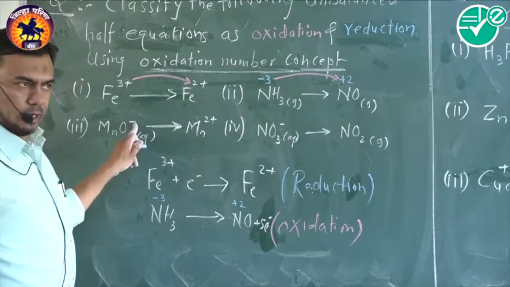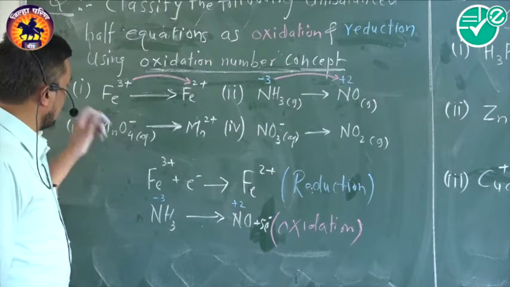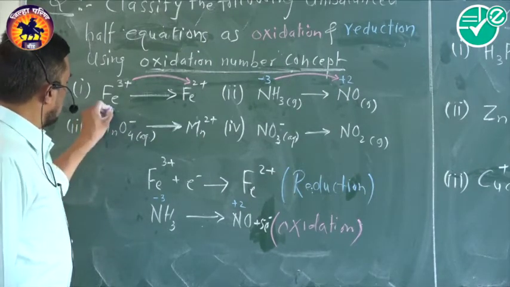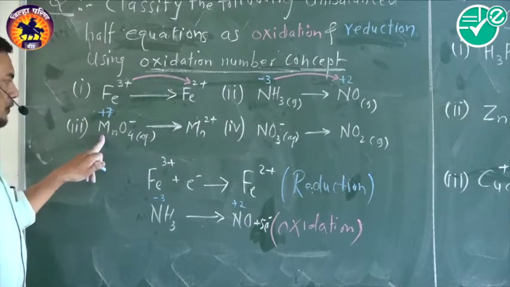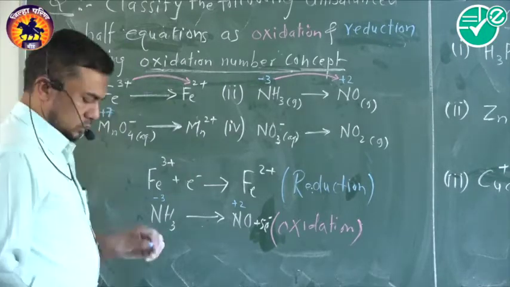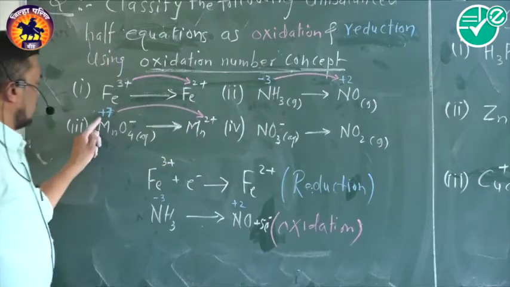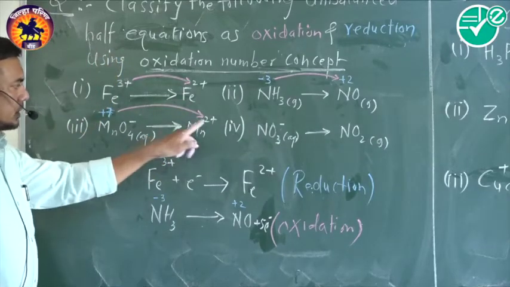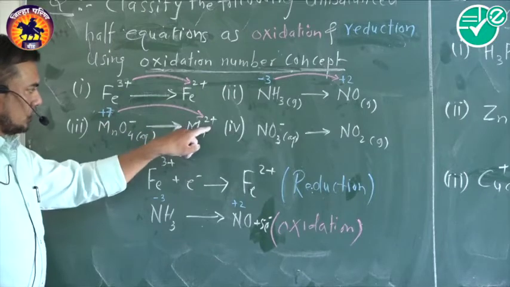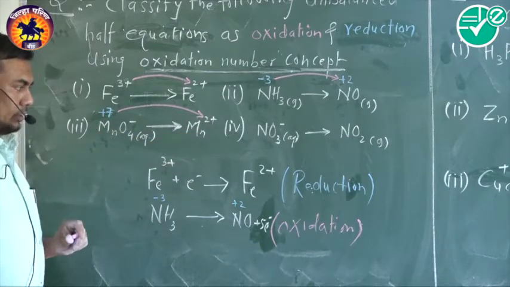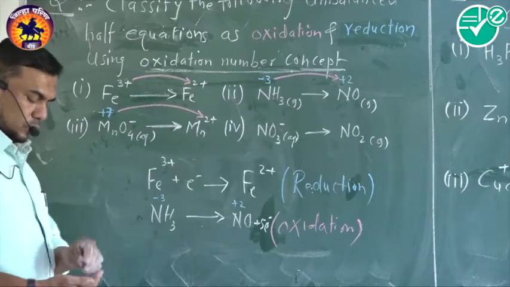Remove one minus, so -7, and now it becomes +7. So the +7 oxidation state of Mn changes to +2. The oxidation state decreases from +7 to +2. Therefore, this reaction is called a reduction process.